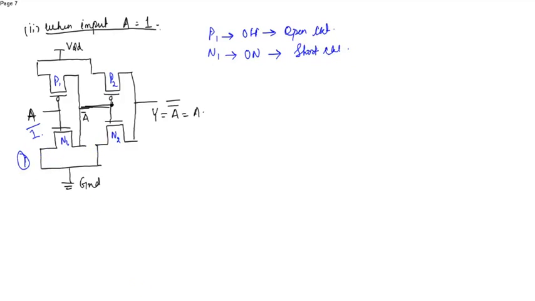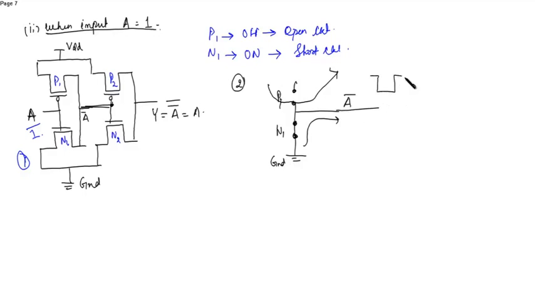This is the first stage. In the second stage, you can see P1 is open, N1 is short circuited, and this is ground. Since this is open, it gets cut off, and the output obtained A bar will be 0.